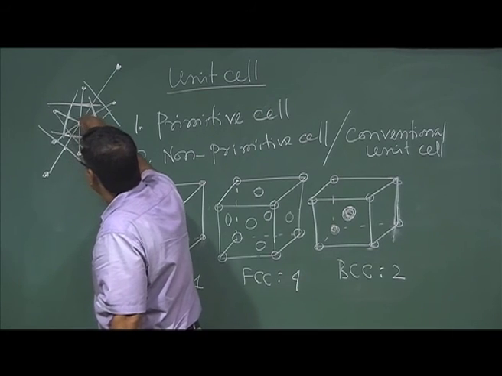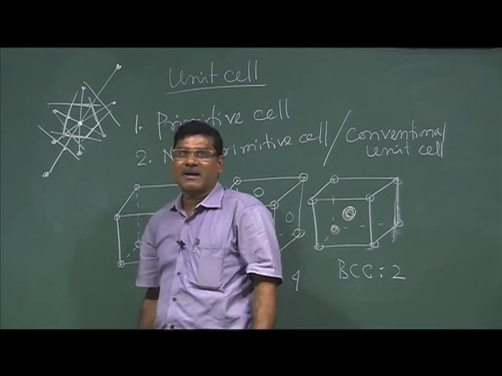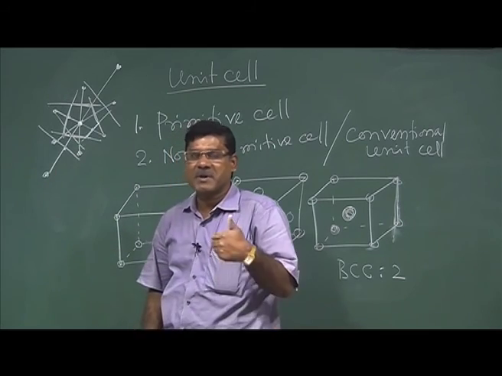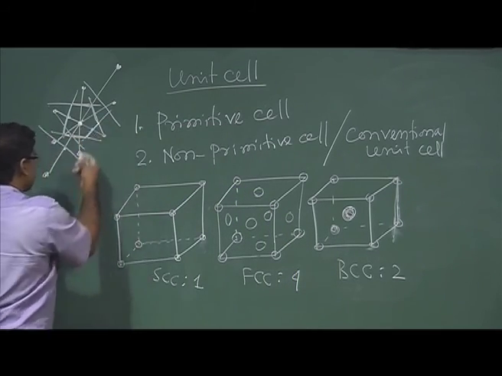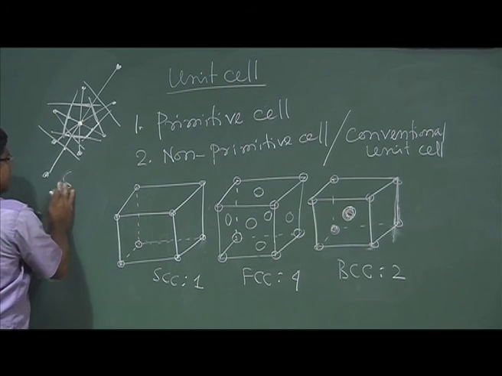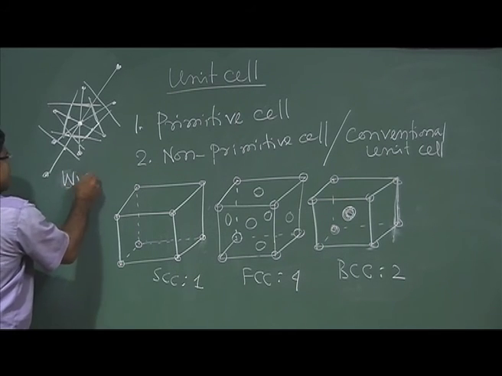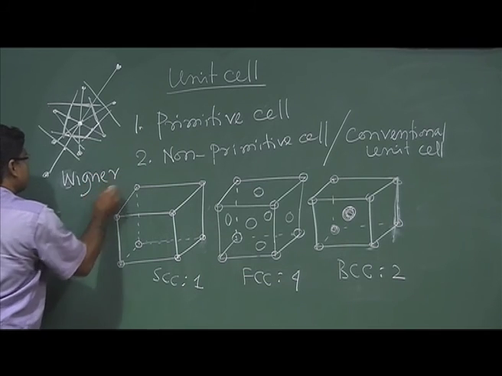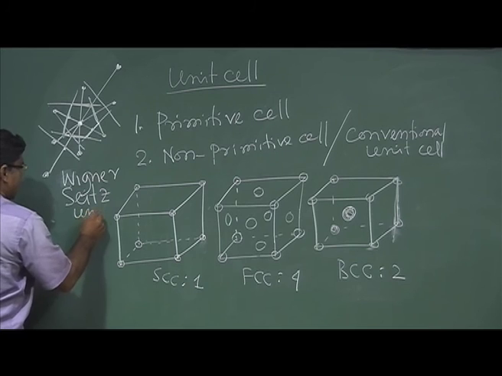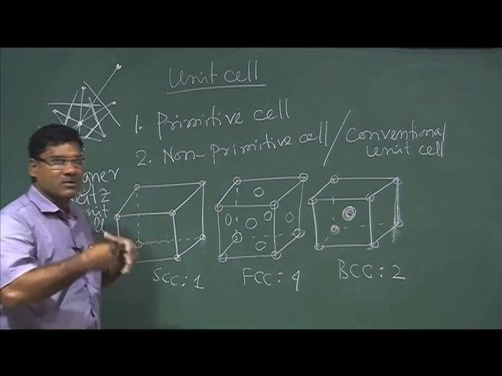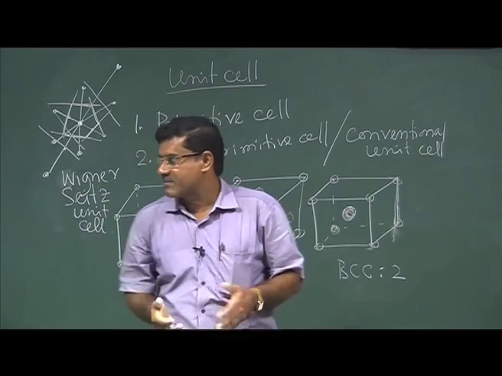This unit cell is basically the primitive unit cell, and it has a special name after those who discovered this process: the Wigner-Seitz unit cell, a primitive unit cell. So this way one can construct the primitive unit cell for whatever the lattice.